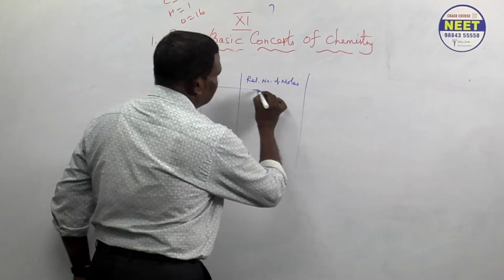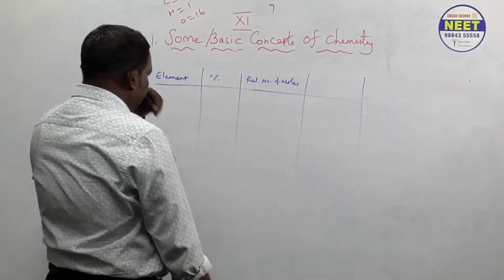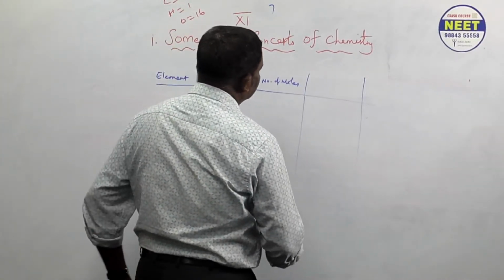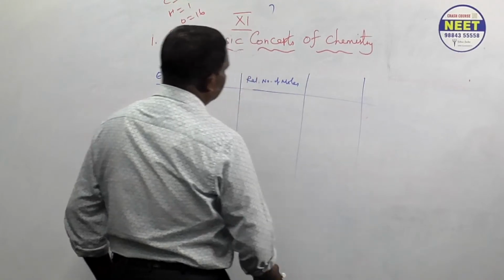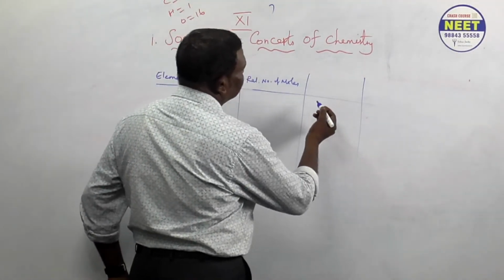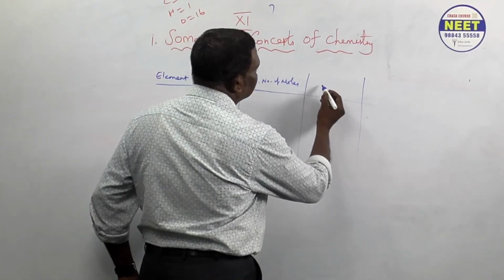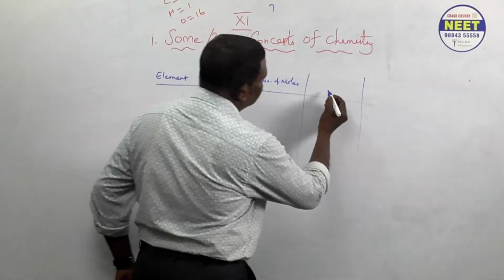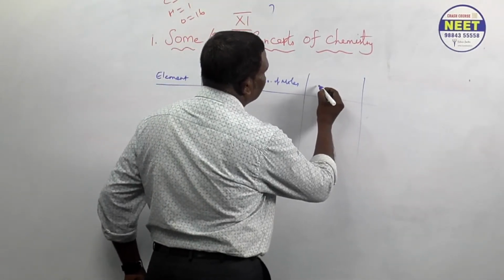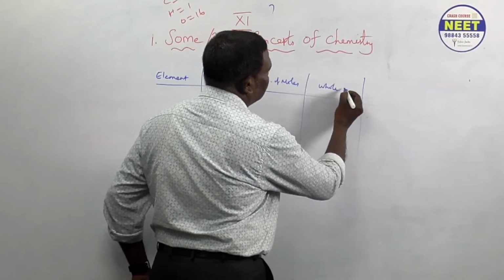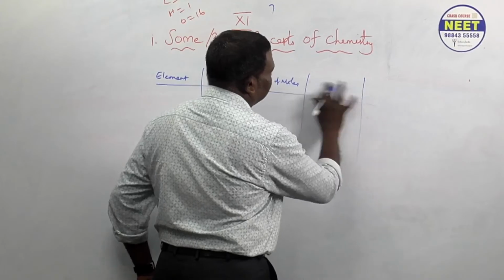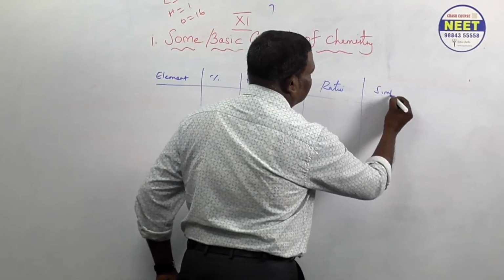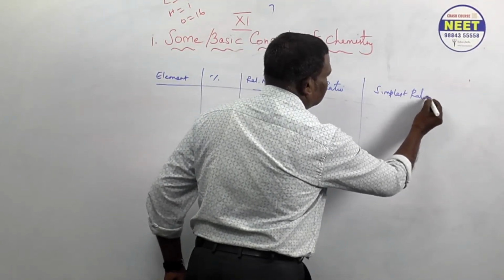Then whole number ratio, or simplest ratio. You put the simplest ratio, it's enough.